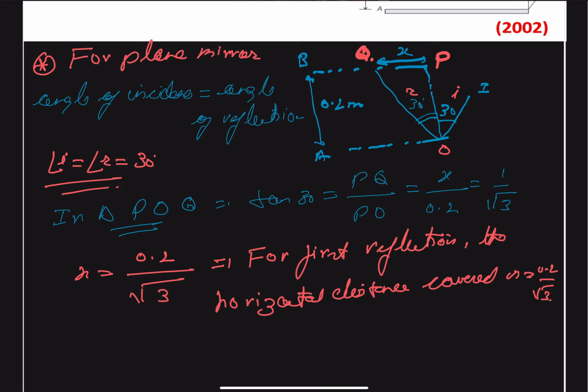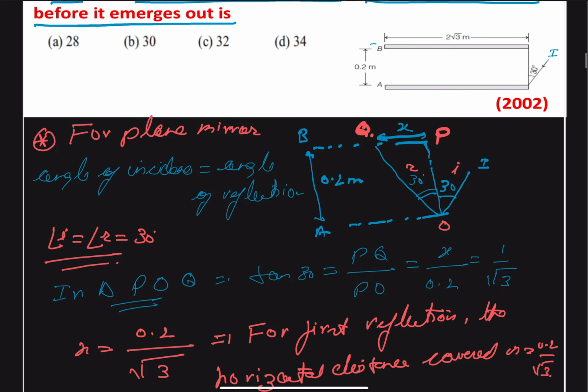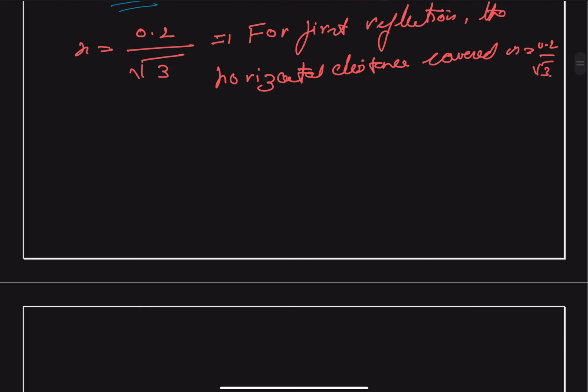And we also know that the total distance the ray has to cover from P to B, or we can say from O to A, will be 2 square root of 3. So the total horizontal distance to be covered is equal to 2 square root of 3.